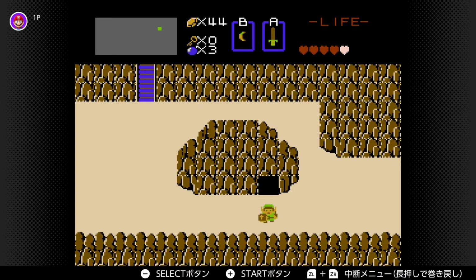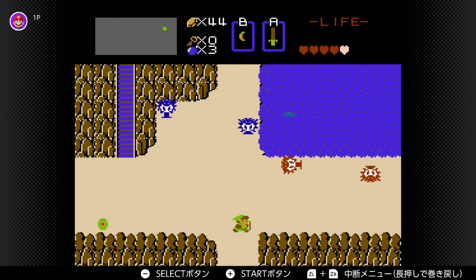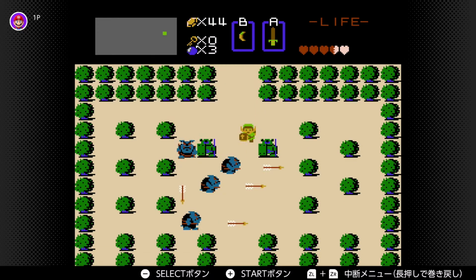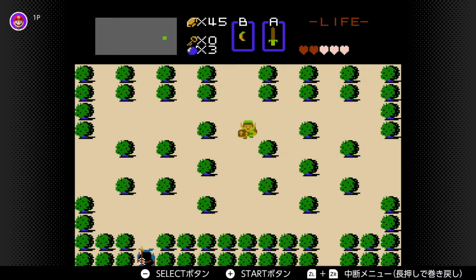Okay. Let's see. Then it should be towards the bottom, if I recall correctly. Oh boy, against these moblins, relatively strong, not the best place to be.